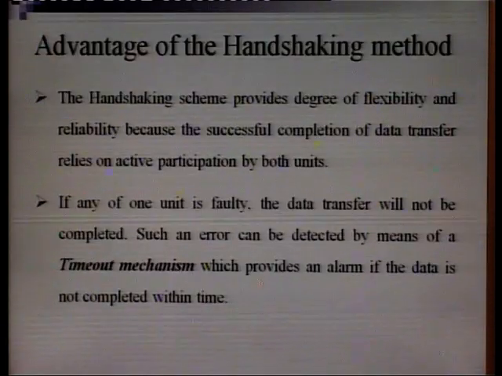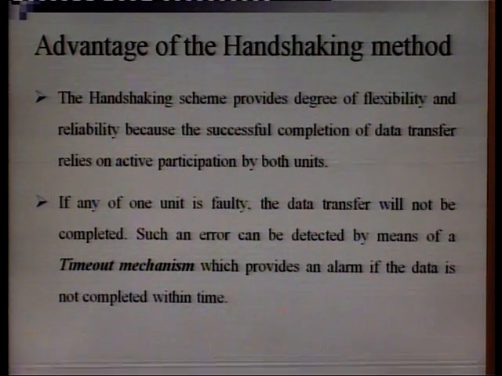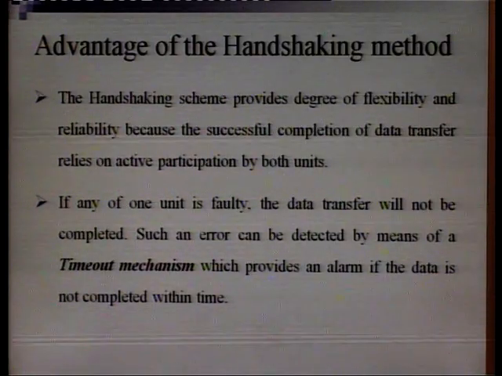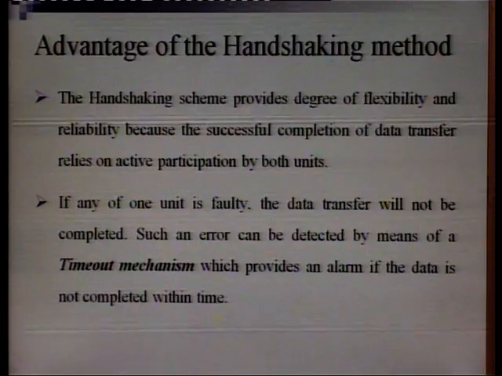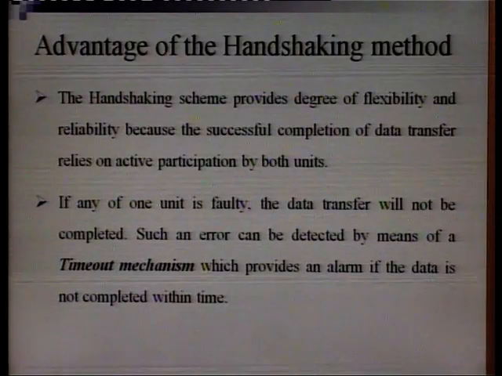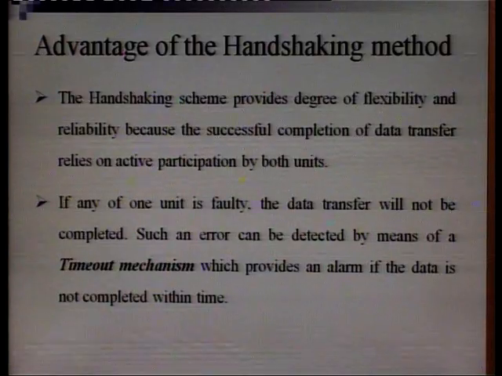The advantages of the handshaking method. First, the handshaking scheme provides a degree of flexibility and reliability because successful completion of data transfer is totally dependent upon the active participation of both units. Second, if any one of the units is faulty, the data transfer will not be completed.